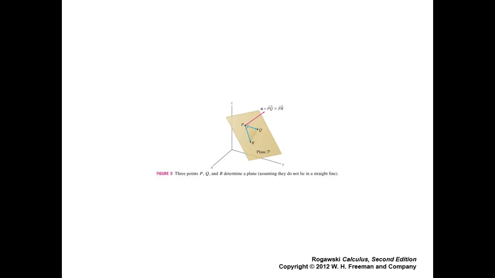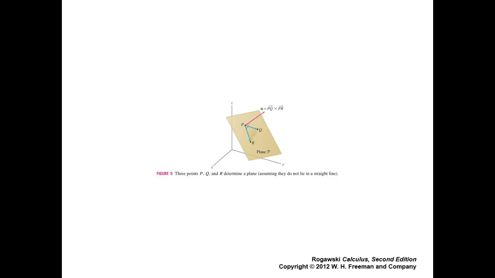So let's say we had the XY coordinate plane, where, of course, Z is equal to 0. But you could come up and say it's Z equals 7. That would be a plane parallel to the XY plane, but over here Z is 7. That would cut across this plane at a certain place.